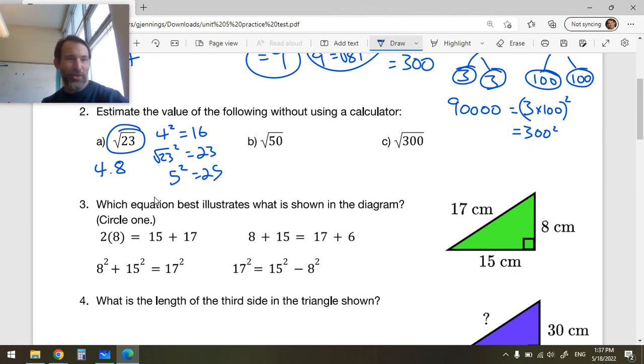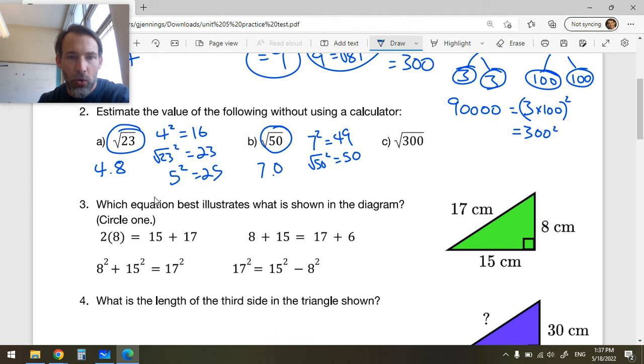I'm not sure. Maybe it's 4.7, maybe it's 4.9, but somewhere in there. Square root of 50, well, I know that 7 squared is 49. So it's maybe 7.06 or something like that.